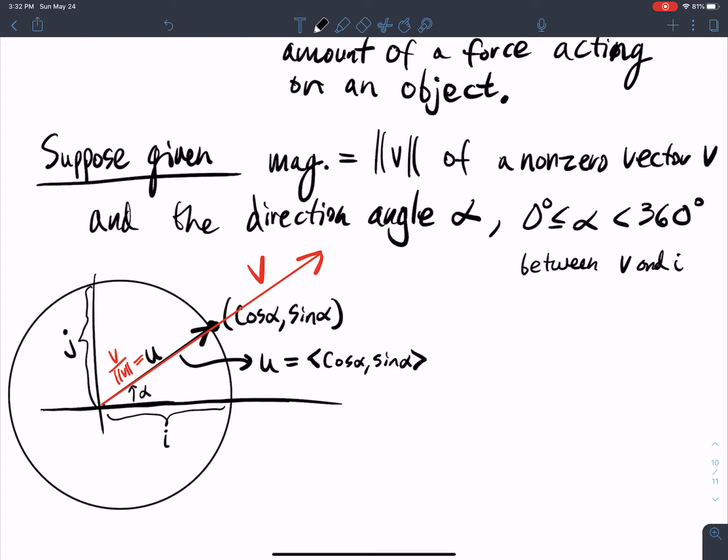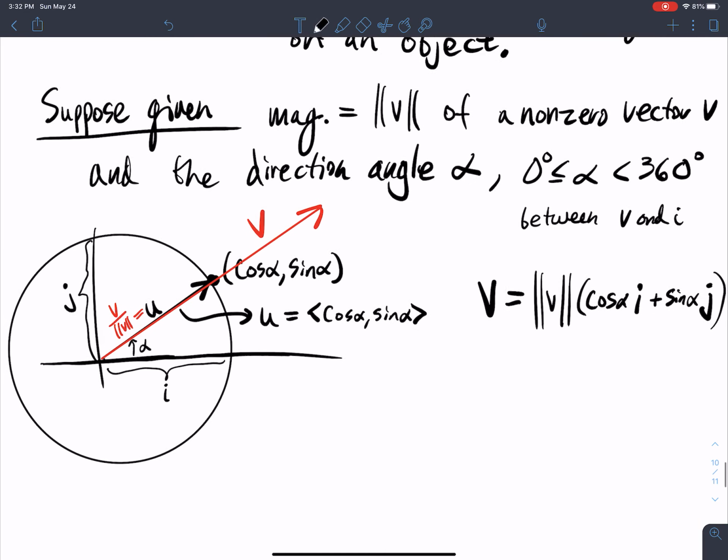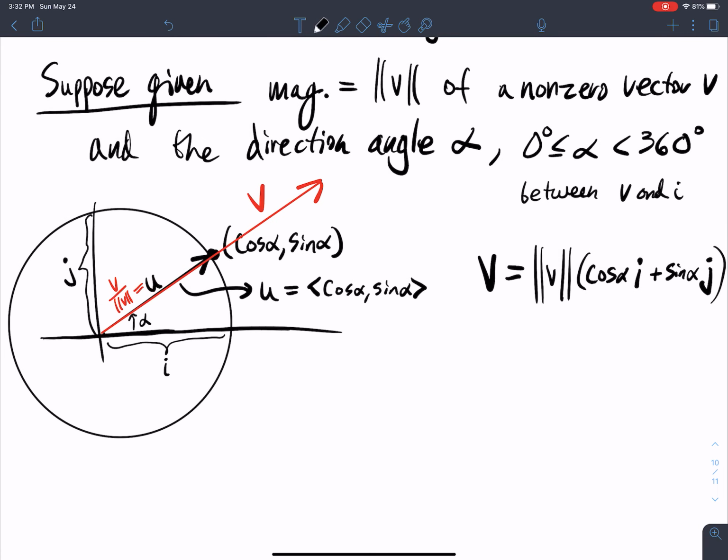Okay, so what does that tell me? Well, that tells me v equals the magnitude of v times the cosine alpha i plus the sine alpha j. So all we did there was we solved this equation for v. We multiplied by the magnitude of v on both sides.